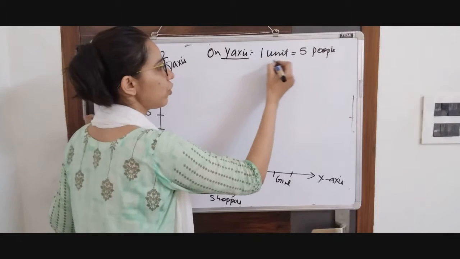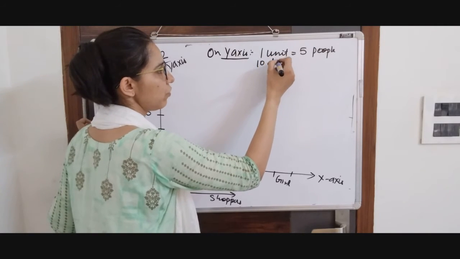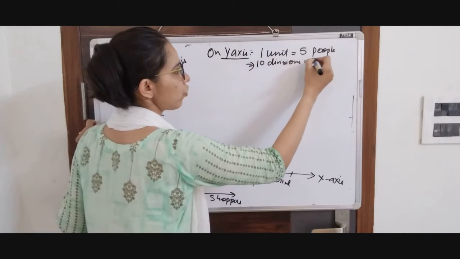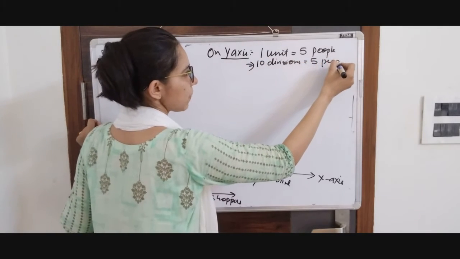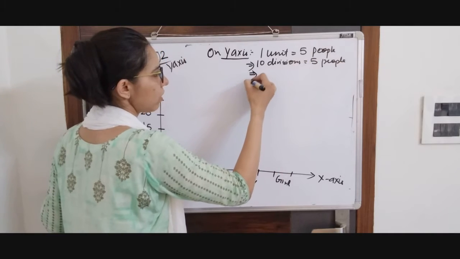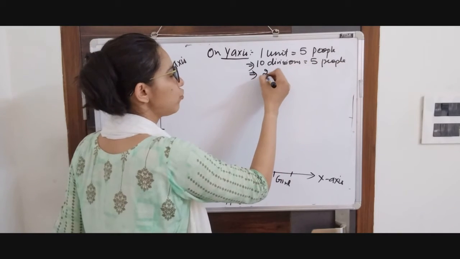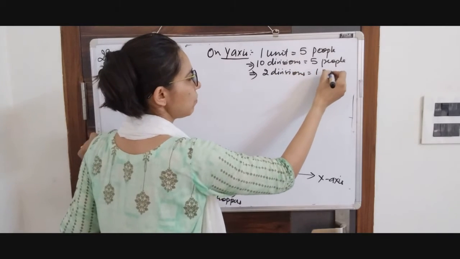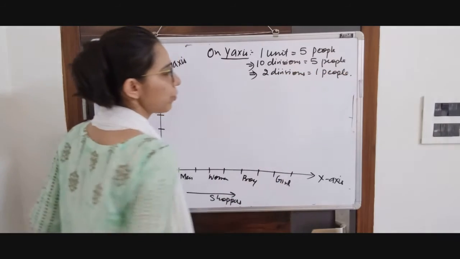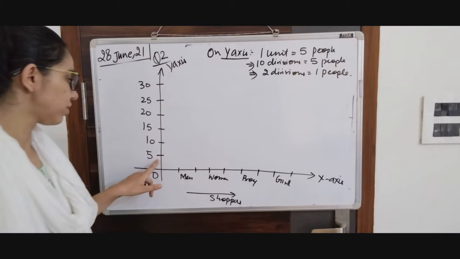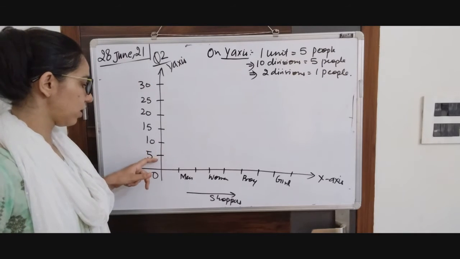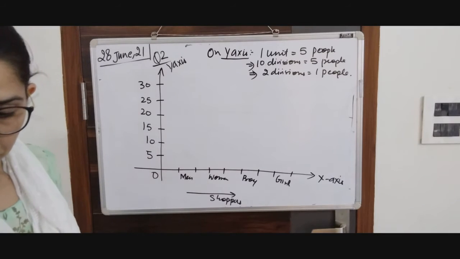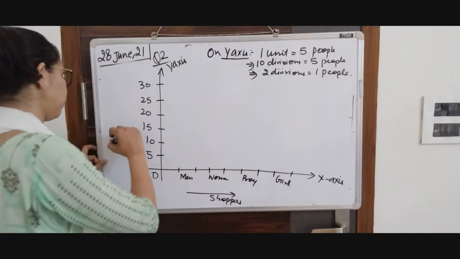So 1 unit is equal to 10 divisions. It means 10 divisions are showing 5 people, whether they are men, women, boy or girl. It means 2 divisions are used for representing 1 person. This we will be using to represent our numbers which are not round figures as per our scale. So this is our frequency.